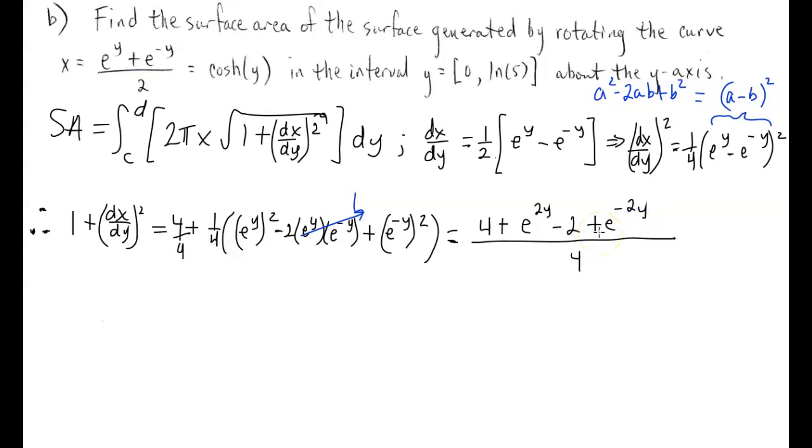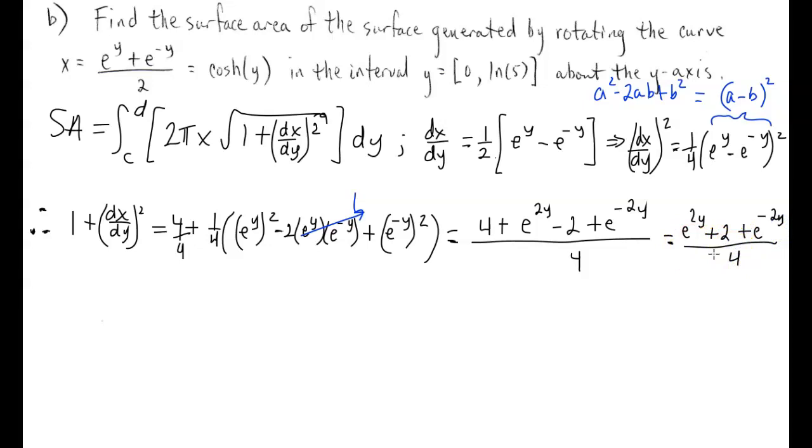Okay. And of course, if we look here, we can combine the like terms of 4 and minus 2. So this will end up being e raised to the 2y plus 2 plus e raised to the minus 2y, all that over 4. Okay.